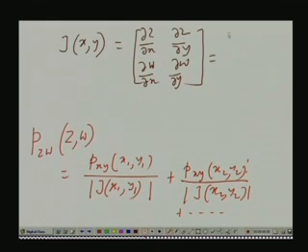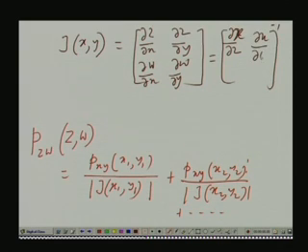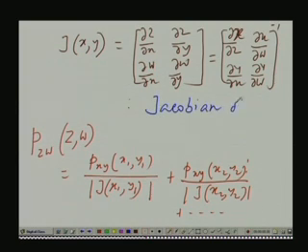So it can be shown that this is also the inverse of, okay, this is called the Jacobian of the transformation.